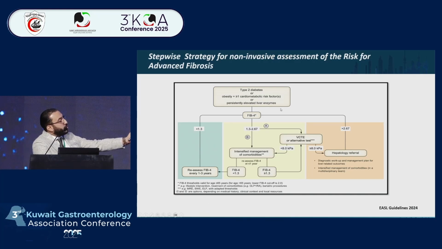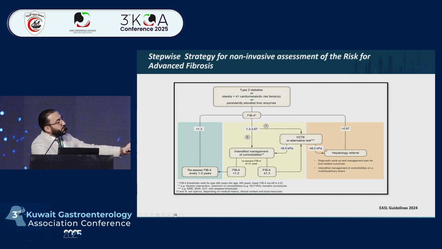If the FIB-4 score is intermediate risk, that means 1.3 to 2.67, then you have two options. Option B, intensify your management and reassess the FIB-4 score within 6 months to 1 year. Option A, refer the patient to us for FibroScan. If the FibroScan is below 8, we'll refer him back to you.